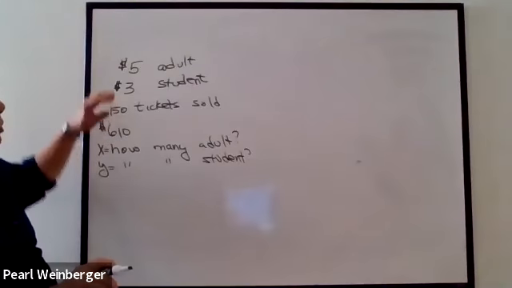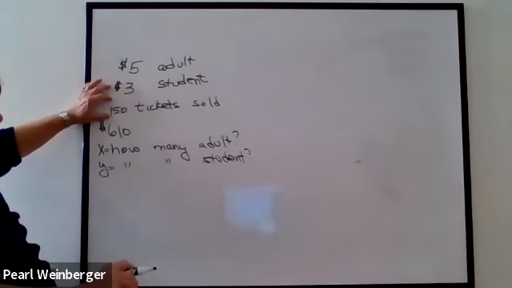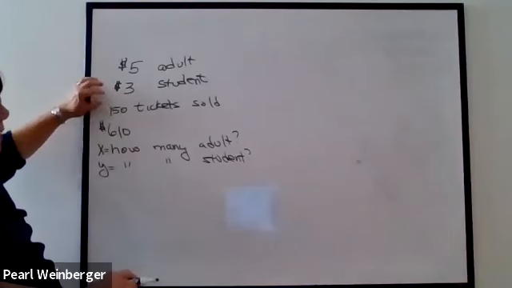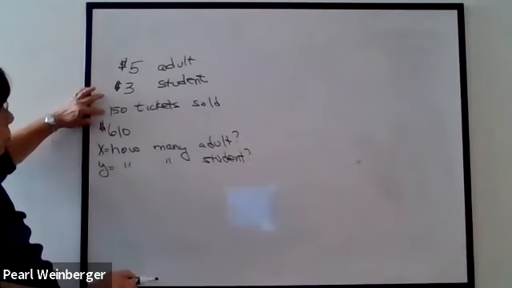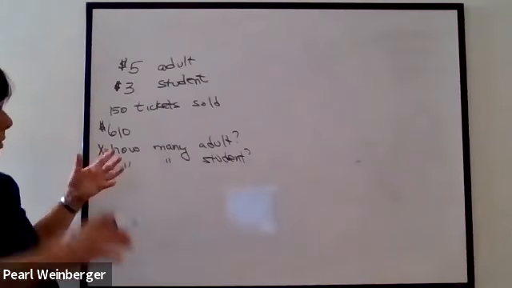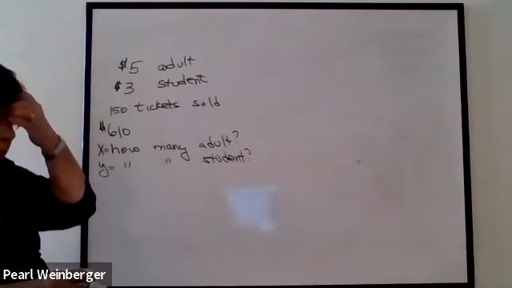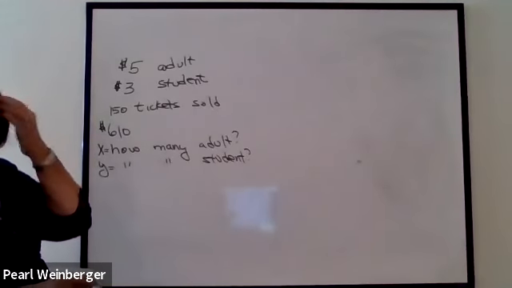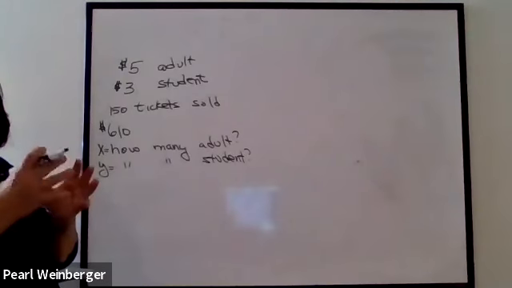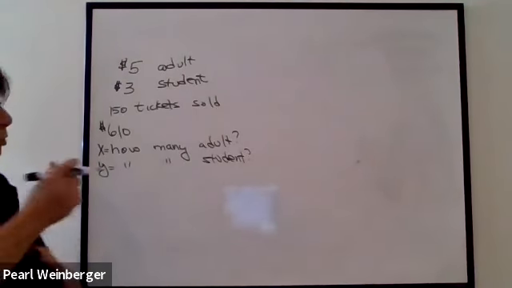Okay, so let's go to that first bit of information that can lend itself to an equation. That's the fact that 150 tickets were sold. Now remember, X is how many adult tickets were sold, and Y was how many student tickets were sold. So together, when we add them, that'll give us the total number of tickets sold.